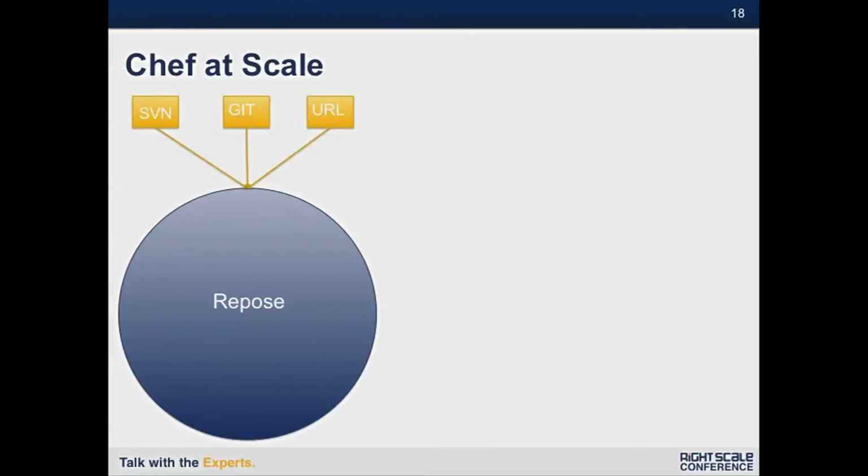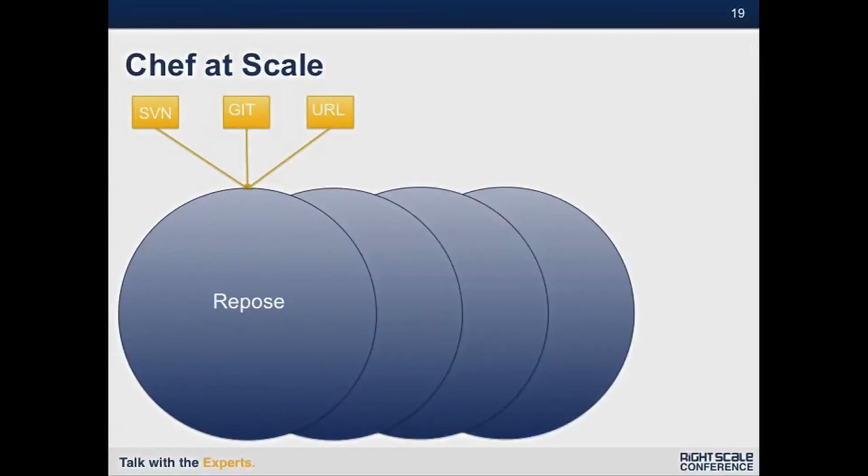What's interesting about Repose is it's not just this big blob. In fact, it's a distributed system. So you don't have just one big single point of failure that is Repose, that if it went down, you wouldn't be able to get code from it. It's many different servers. And not only that, but it's distributed across different clouds.